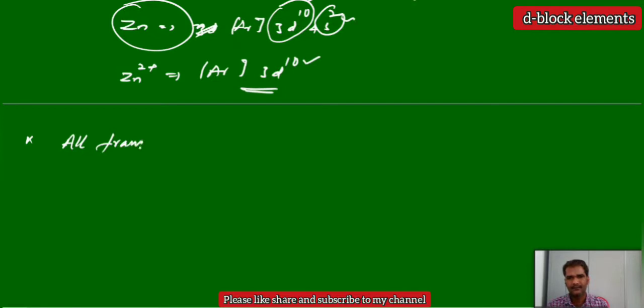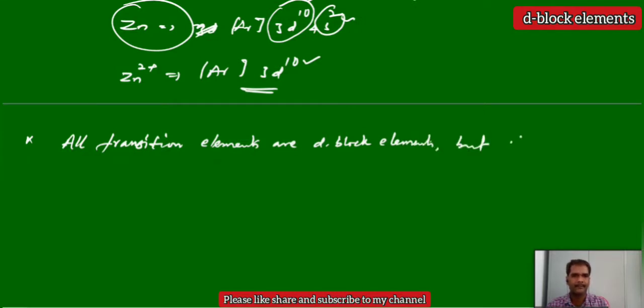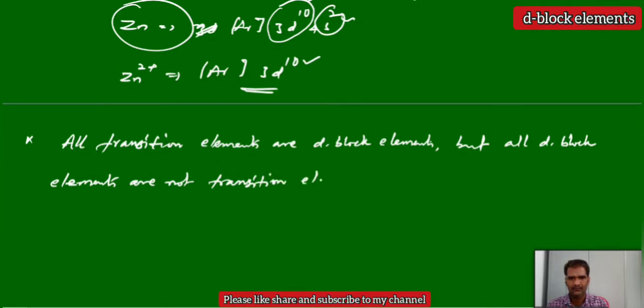We can write here: all transition elements are d-block elements, but all d-block elements are not transition elements. This is a very, very important point.